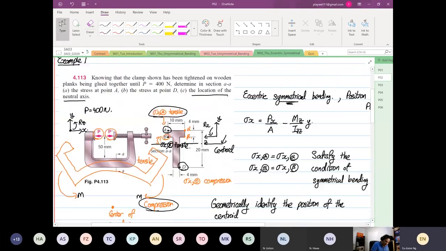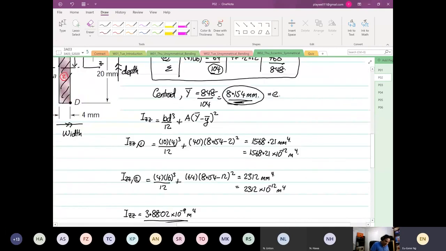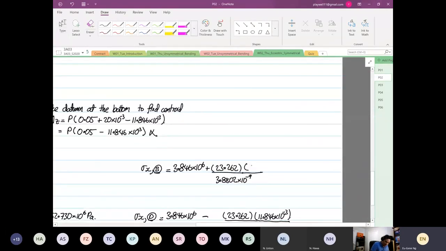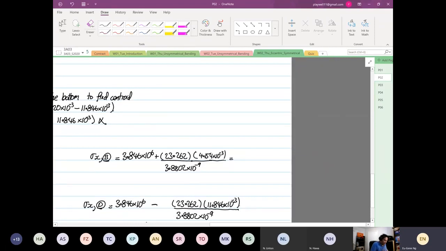You know that the thickness is 4 millimeters, so it is equal to 4.154 times 10 to the power minus 3 from the centroid. The outcome is 23.262 times 4.154 to the power minus 3 divided by 3.8802 to the power minus 9, plus 3.846 to the power 6, which is equal to 28.749 times 10 to the power 6 Pascal.